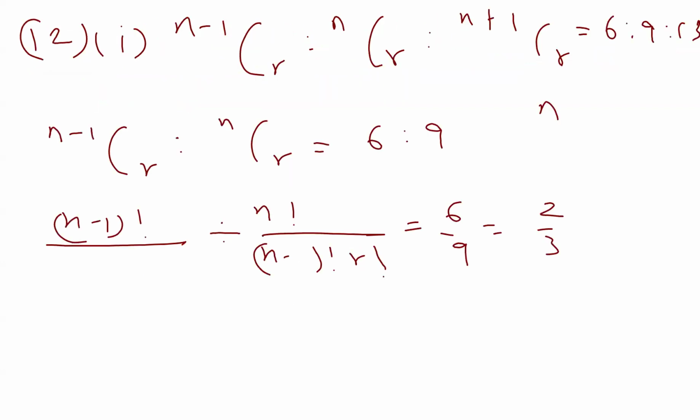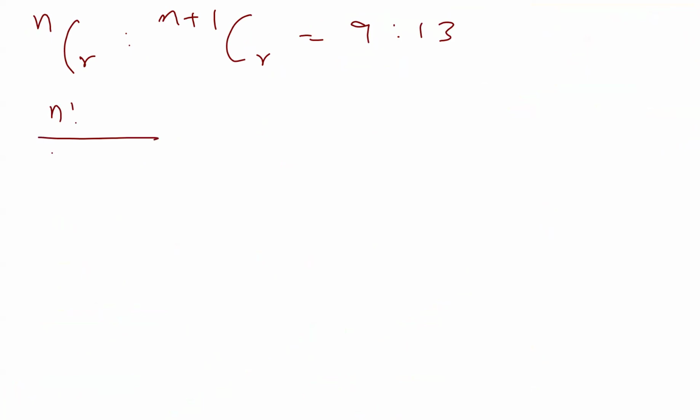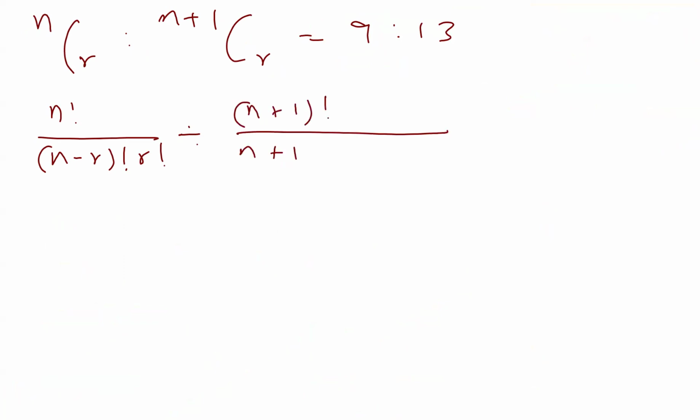Okay. Now we'll take this ratio, which is equal to 9 by 13. So NCR is to (N plus 1)CR is equal to 9 is to 13. N factorial upon (N minus R) factorial into R factorial, divided by (N plus 1) factorial upon (N plus 1 minus R) factorial into R factorial, equal to 9 upon 13.